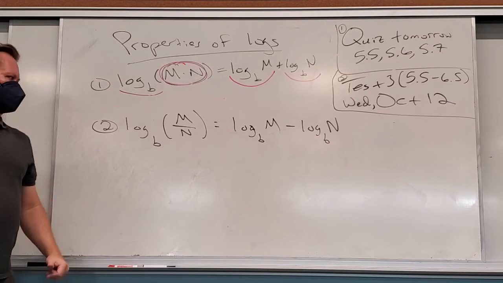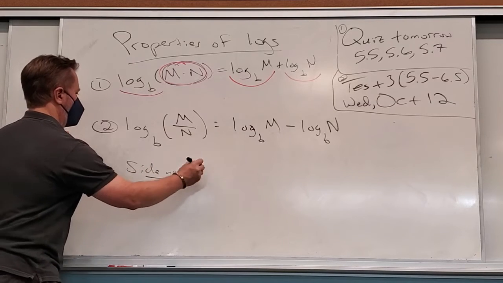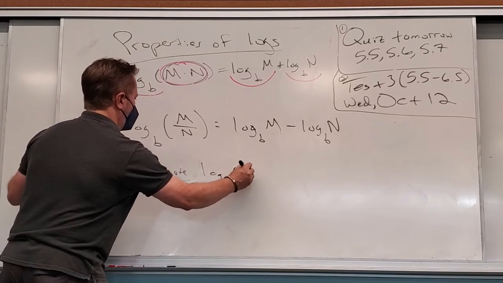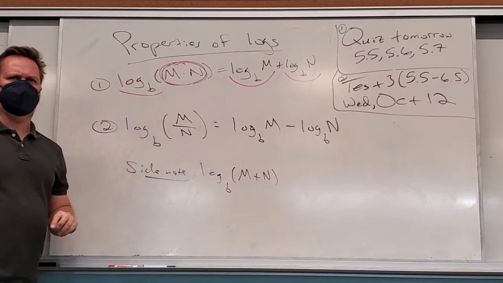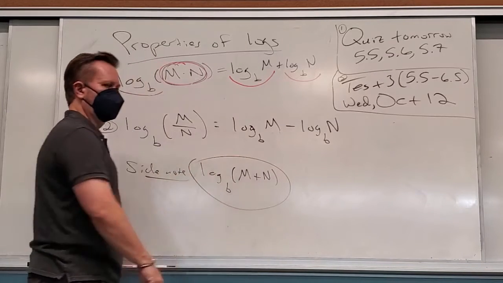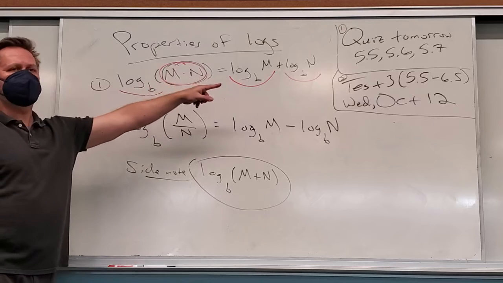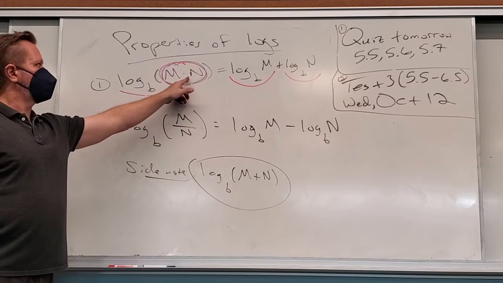Real quick, side note. What is log base b of m plus n? It's just that. I can't do anything to that. That's not what this says, is it? If the inside's a product, I can break it up.